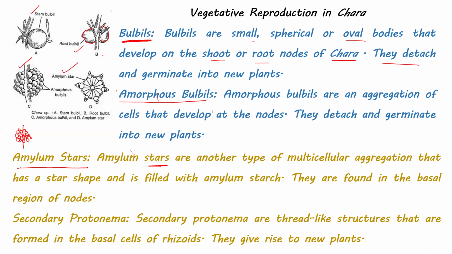Amylum stars are another type of multicellular aggregation that has a star shape and is filled with amylum starch. That is why they are called amylum stars. Star because of the structure, and amylum from the name of the starch that fills these structures. And they are found in the basal region of the nodes, at the bottom of the nodes.